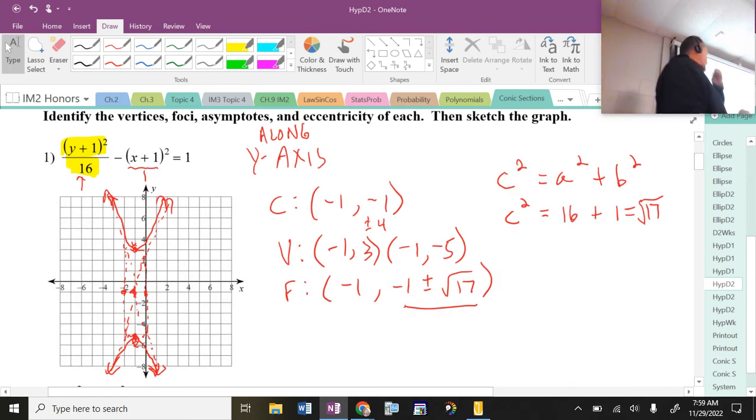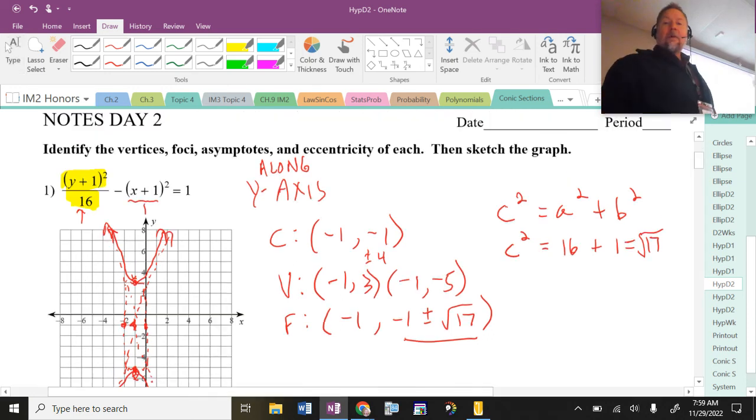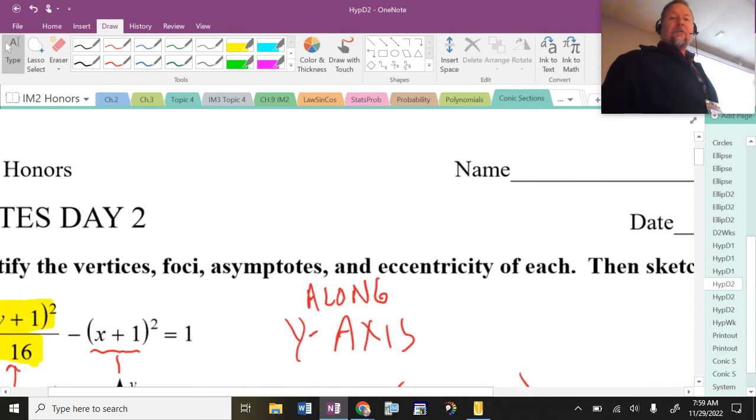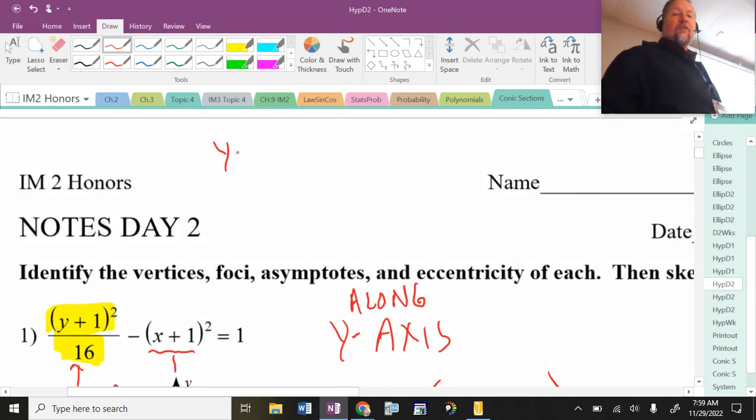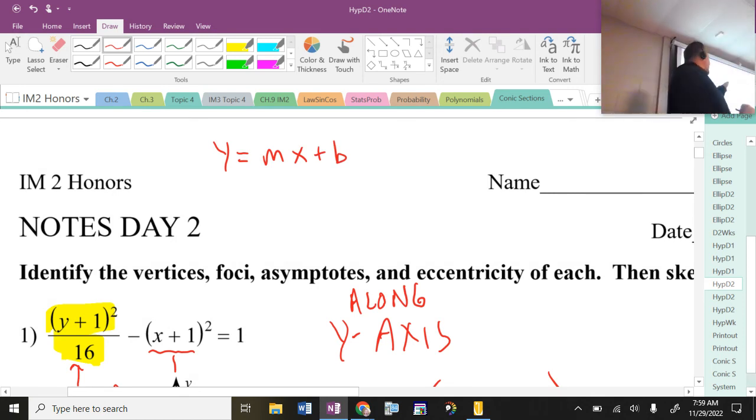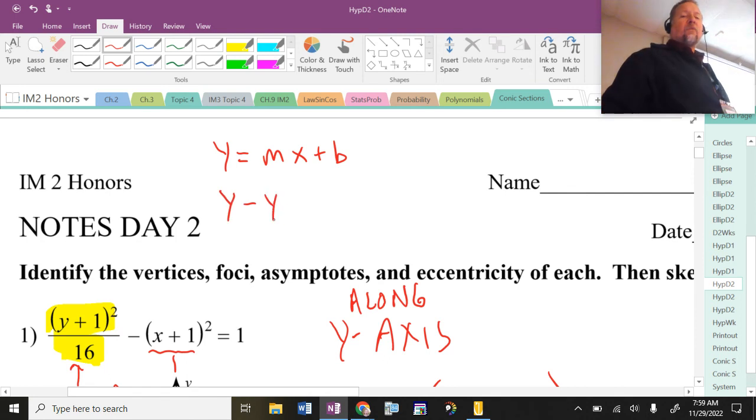Okay, asymptotes. Here's how we can write this. And I really have no math to do for this. All right. You need to remember, maybe put this at the top of your notes. Yeah, sure, there's y equals mx plus b. But when I did lines with you guys, when we reviewed equations of lines, I reminded you of this one.